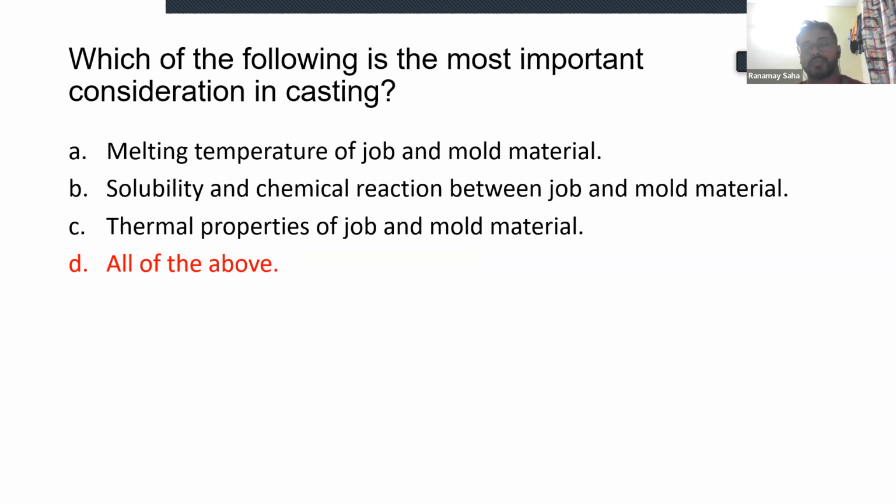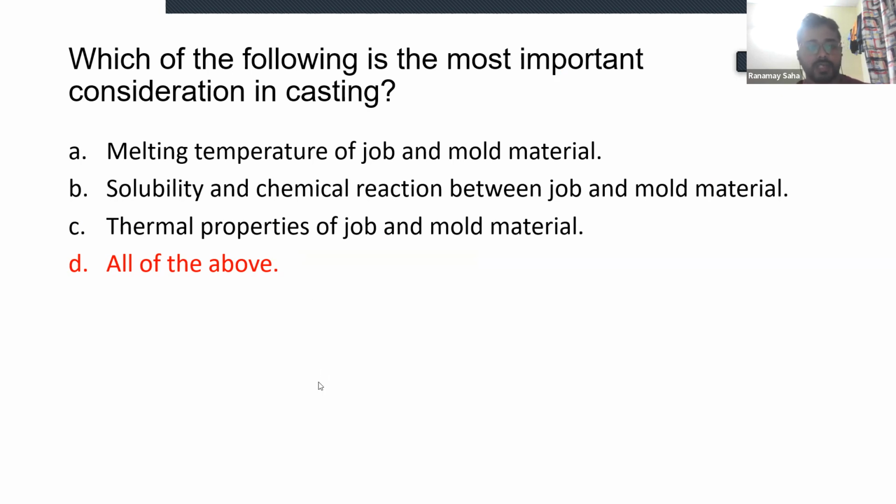Melting temperature also defines whether there will be misruns, cold shuts arising out of temperature gradients, and whether there will be dendrite growth, etc. So the melting temperature of job and mold material is of course an important consideration.